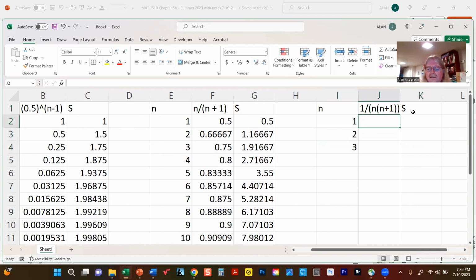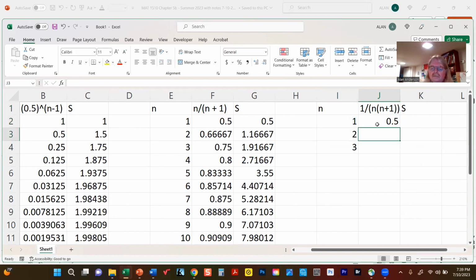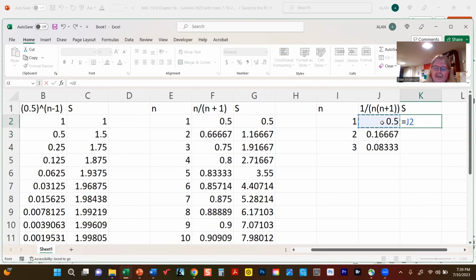This is the kind of thing that Excel is really good at. Lots of repeated calculations. So with I2 times 1 plus I2. And the sum, of course, starts out at 1/2. Then we add to that the next term.